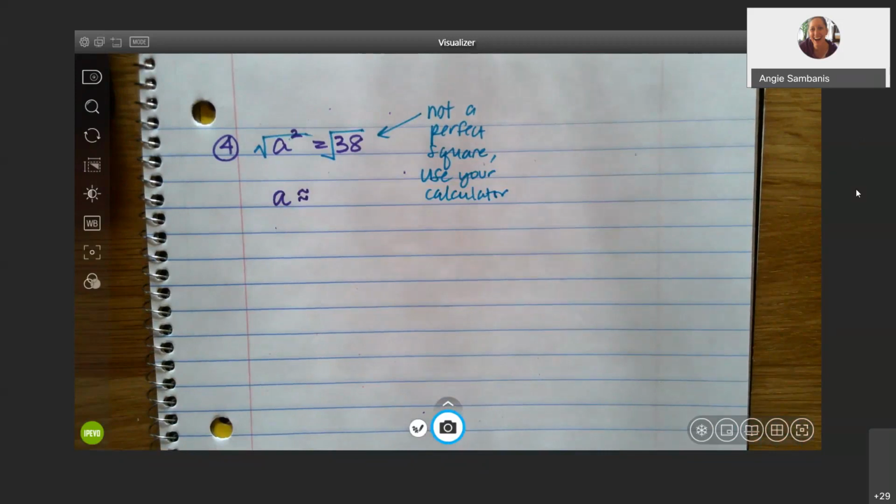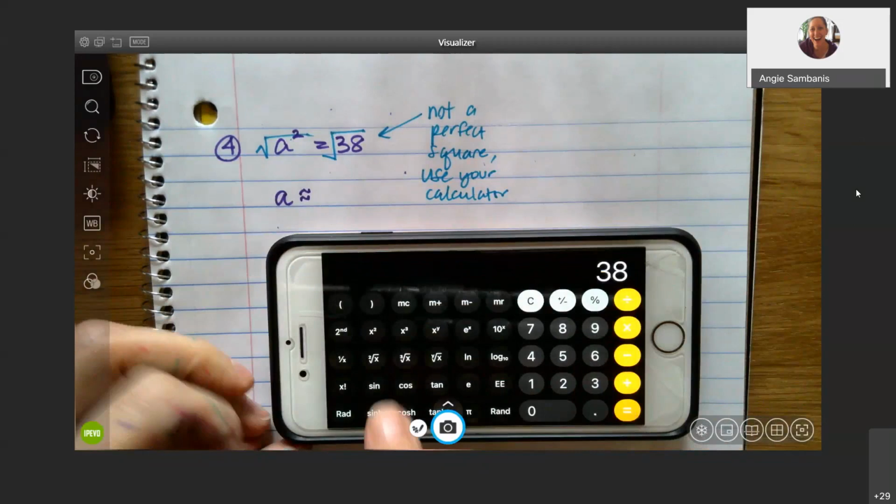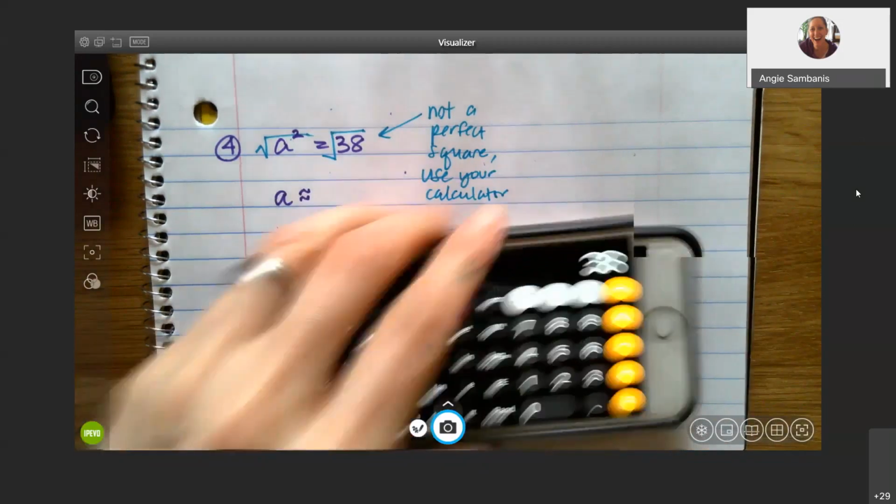So again, on your phone, put in 38 and the square root key and round to the nearest tenth.